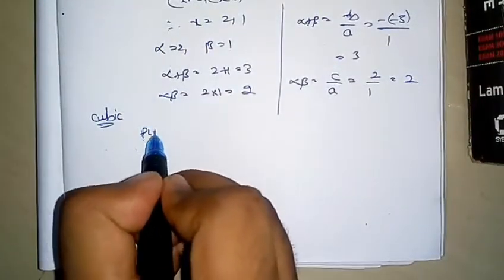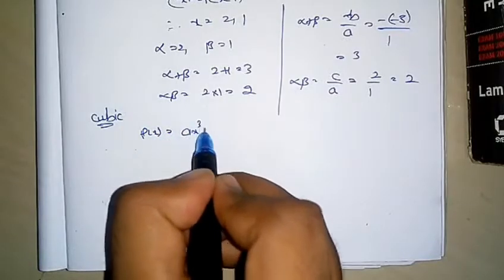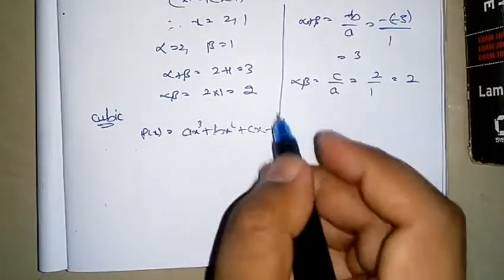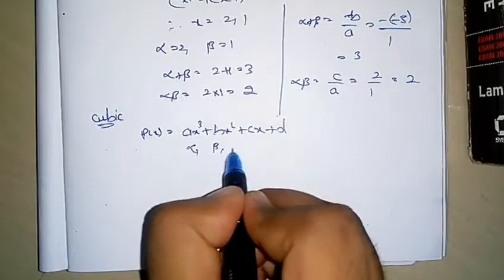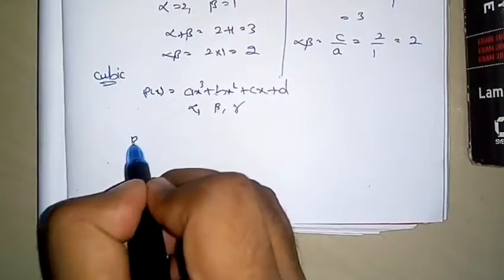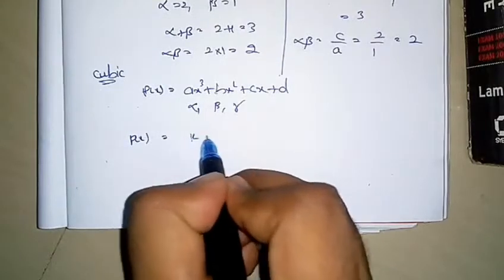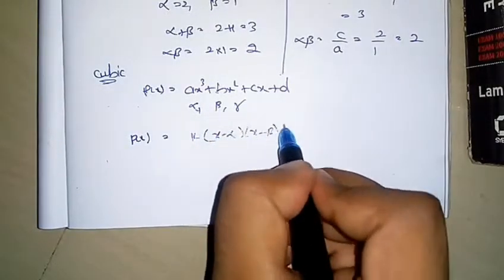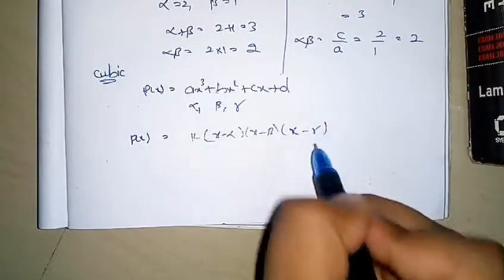Let p of x be equal to ax cube plus bx square plus cx plus d, and let alpha, beta, gamma be roots. Now p of x is equal to k times (x minus alpha) into (x minus beta) into (x minus gamma).